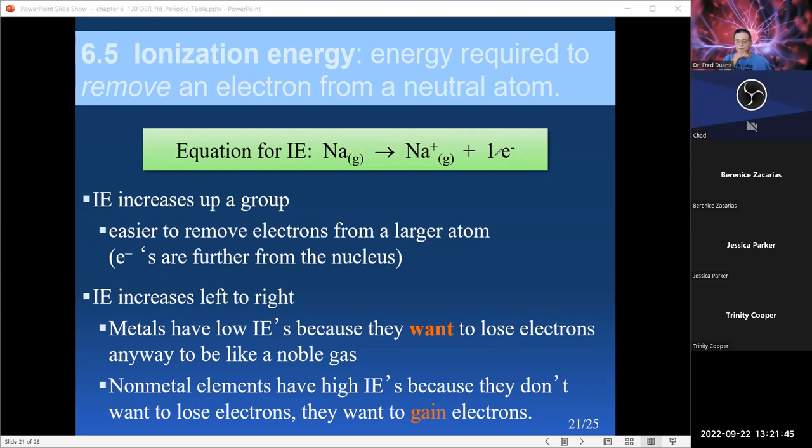They don't want to lose them. So the likelihood of giving them up is much lower. It's going to require a lot more energy. In contrast to metals that want to lose electrons, and therefore, the amount of energy to knock off an electron would be much less for metals.